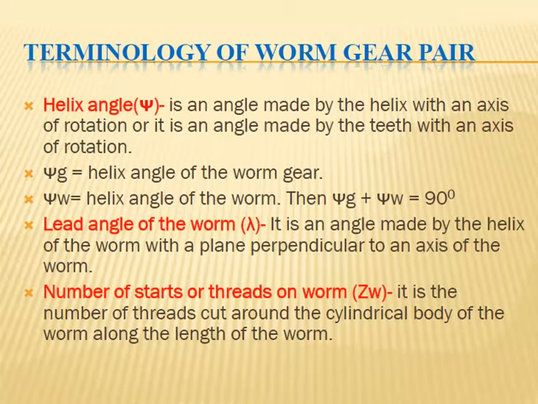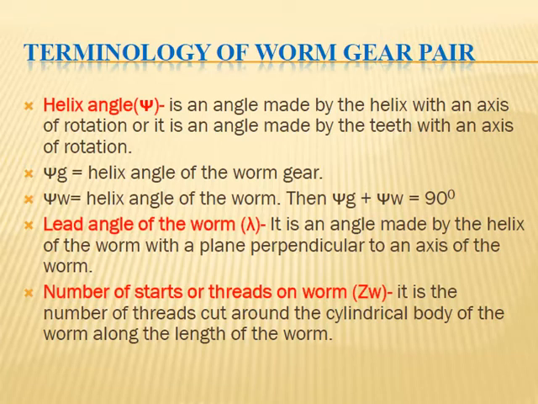Now the next one is the lead angle of the worm, denoted by lambda. The lead angle is the angle made by the helix of the worm with the plane perpendicular to the axis of rotation of the worm. In DME 1, we already studied the lead angle of the screw jack, or when you design the power screw.